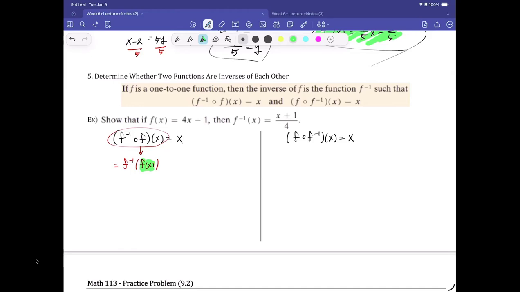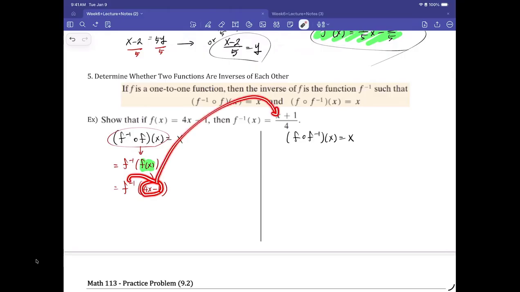So f of x is 4x minus 1. And the f inverse of 4x minus 1: this 4x minus 1 plugs into the f inverse, into the x.